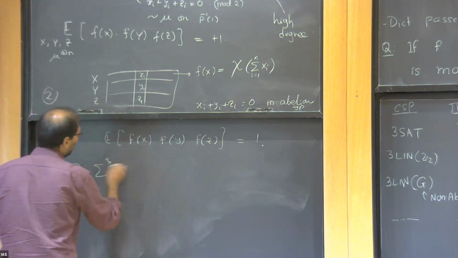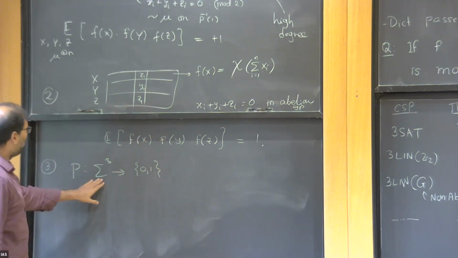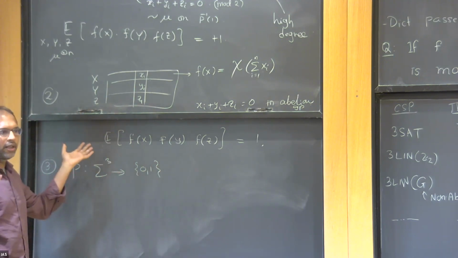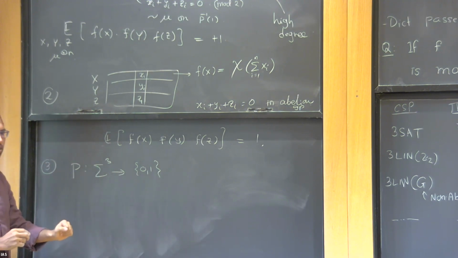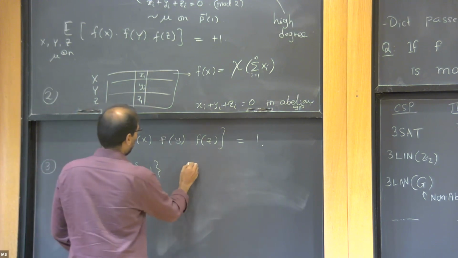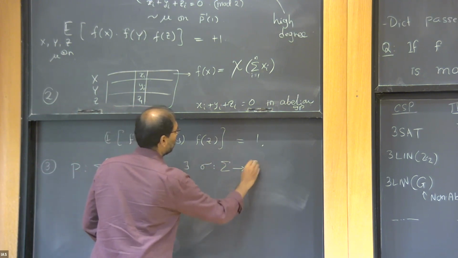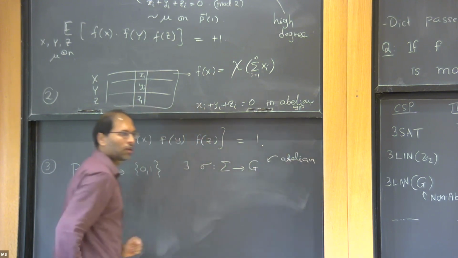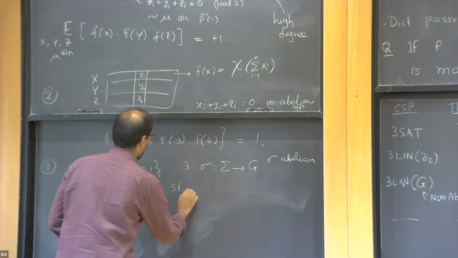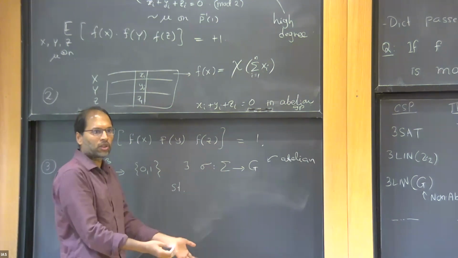And I could extend this a bit more. Say I have any predicate P. It's 3-ary, but the same thing holds for any k-ary predicate. Suppose the predicate itself is some abstract predicate, but I was able to embed it into an abelian group, meaning there was some map sigma from the symbols to an abelian group G, such that all satisfying assignments under this map just became group equations.